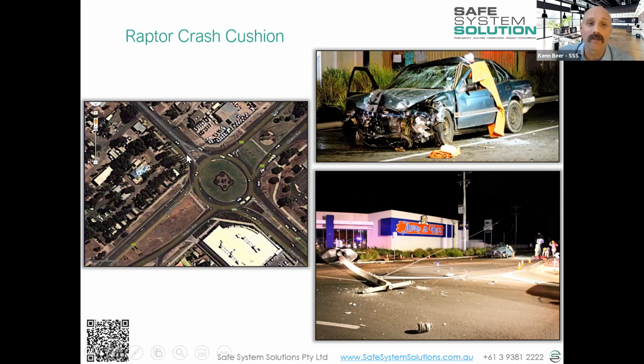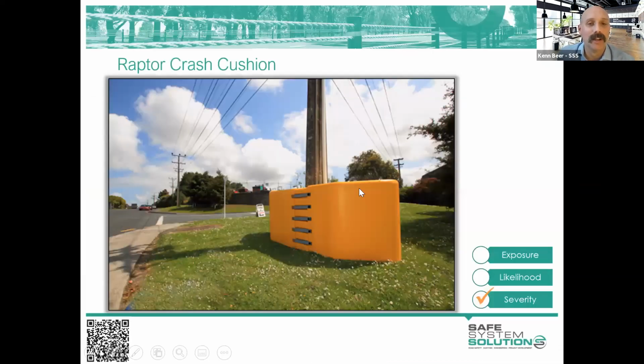Maybe they would have been going faster through an intersection, but they hit the power pole, in an old Ford, 4 young males, all survived, all without serious injuries. And that is incredible, considering that the reason is that the pole had a Raptor cushion, and that's an energy absorbing cushion around the power pole. It also acts in this really neat way, which is to deflect energy.